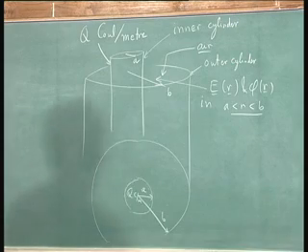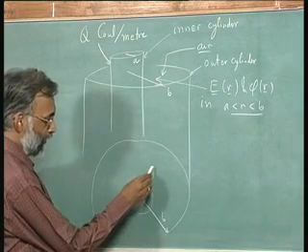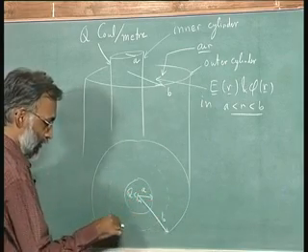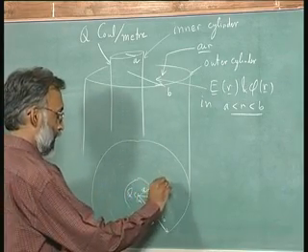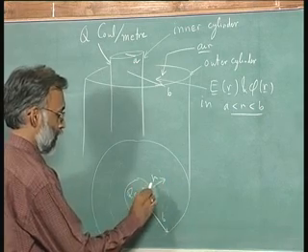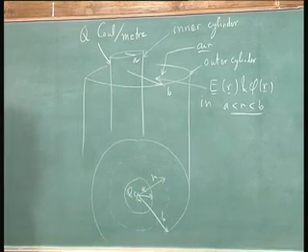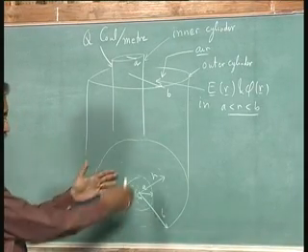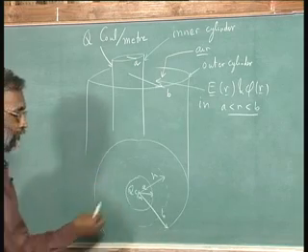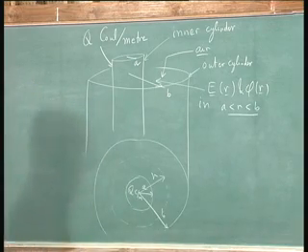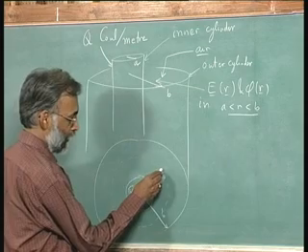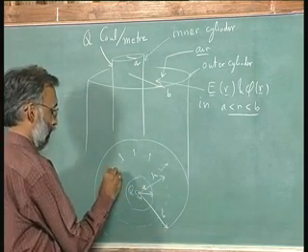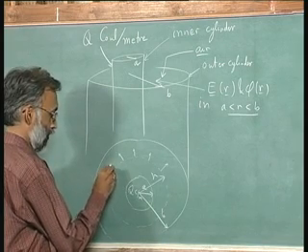Now, let us look at a third cylinder, which I am drawing with a dotted line at some radius r. Now, if I look at this cylinder, due to the symmetry of the problem, I know that the electric field is going to point away from q. So, on this cylinder, this electric field is going to point radially away.